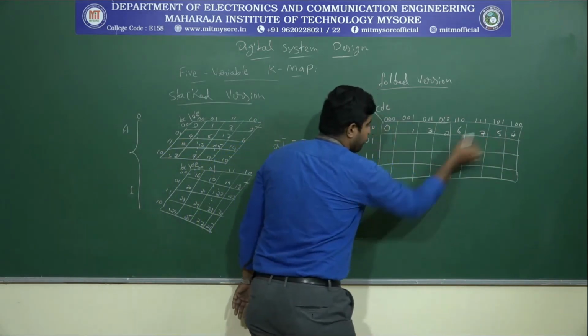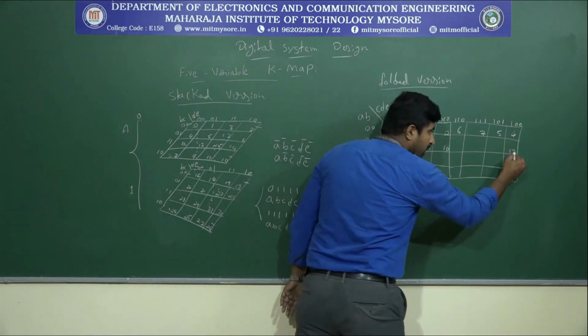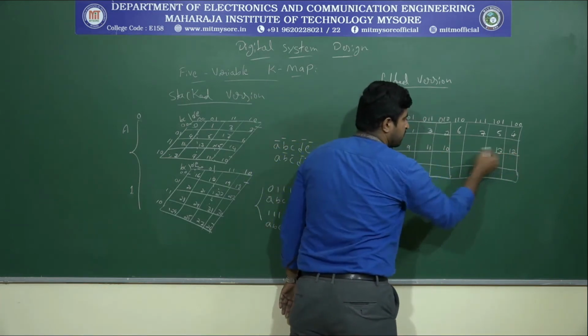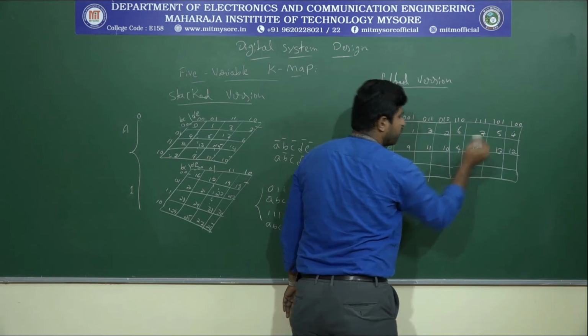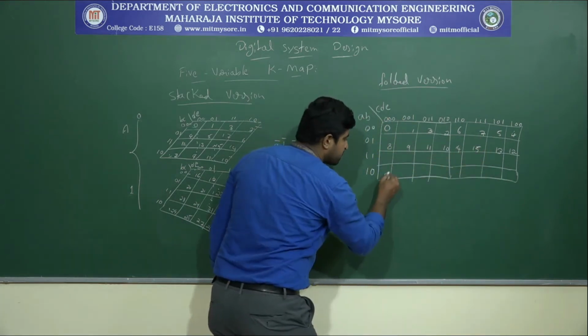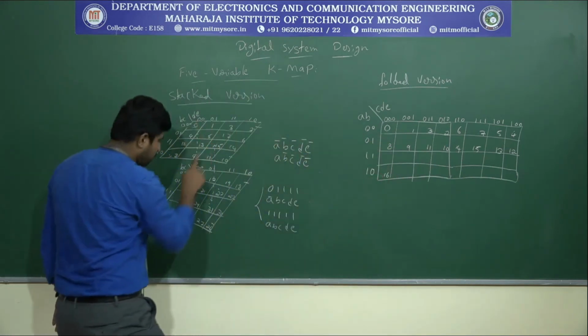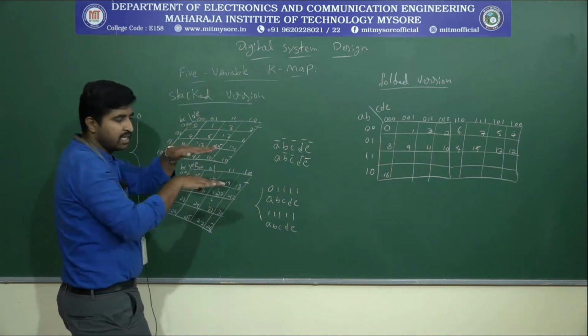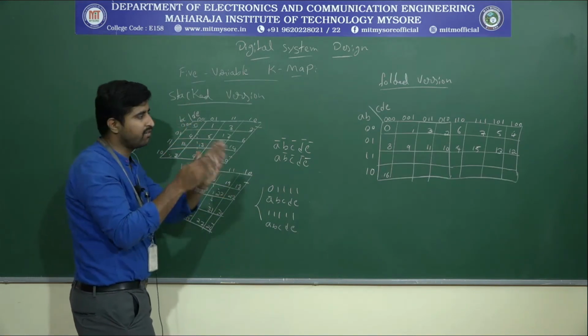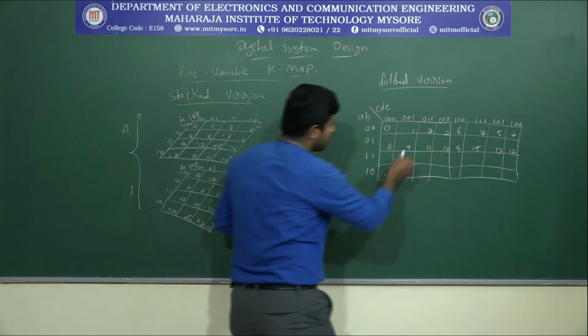4, 5, 6, 7, 8, 9, 10, 11, 12 comes here, 13, 14, 15. Okay, see the arrangement, 15, next 16 comes here. 0 and 16 are adjacent to each other, and even if you look at the stacked version or the folded version, both should be the same.